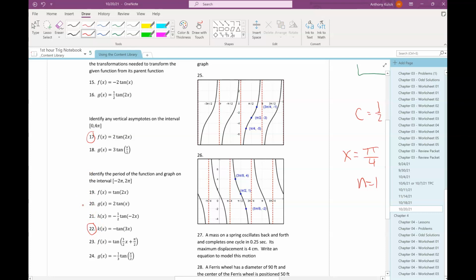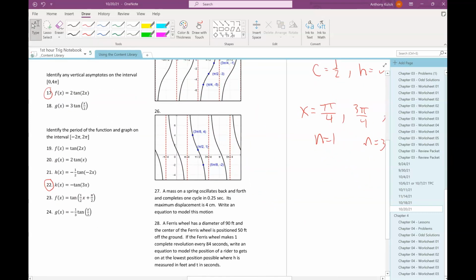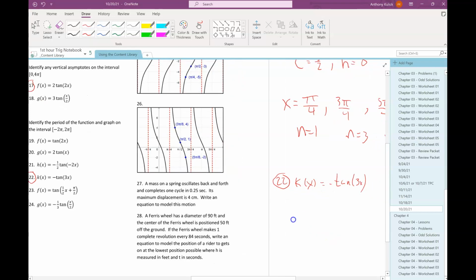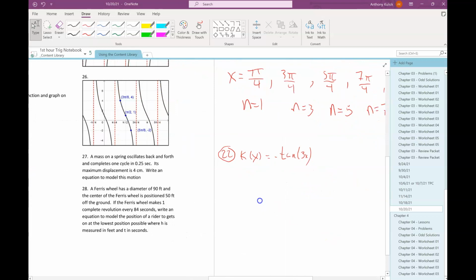So here it says identify the period and then graph it over that interval. The first thing I'm going to do is identify the values for A, C, H, and K. The way it's written, I can certainly do that right away.